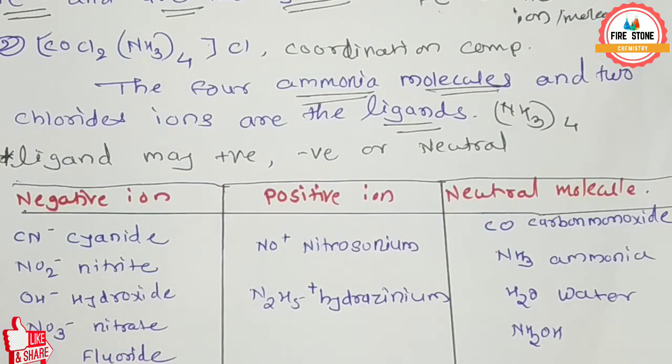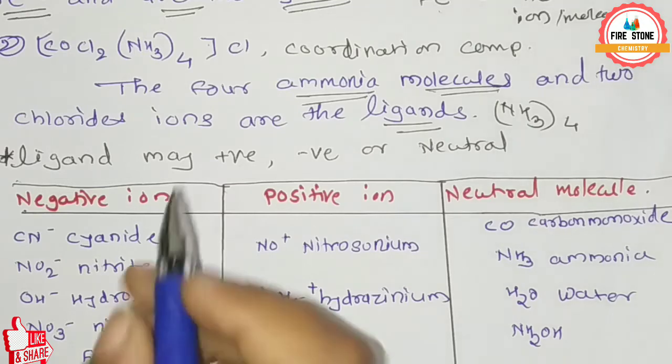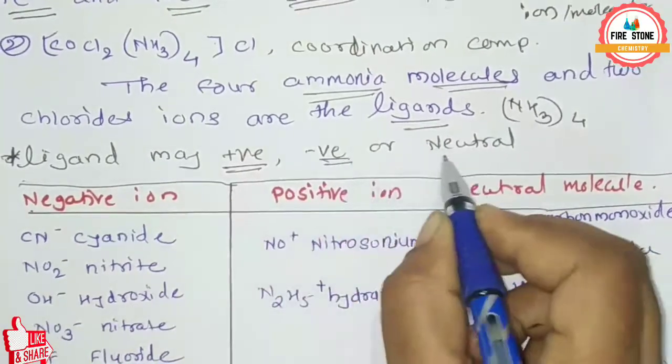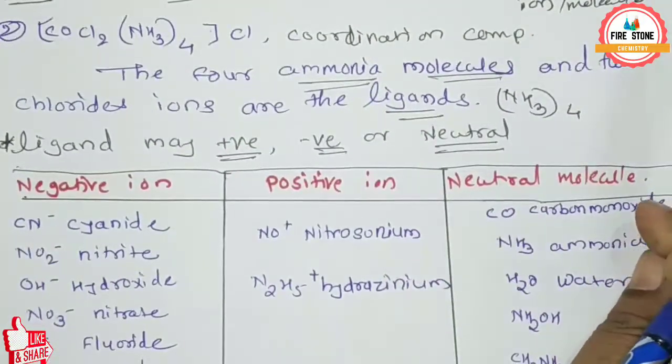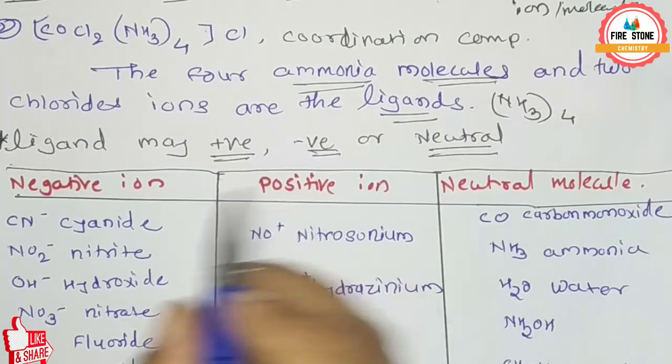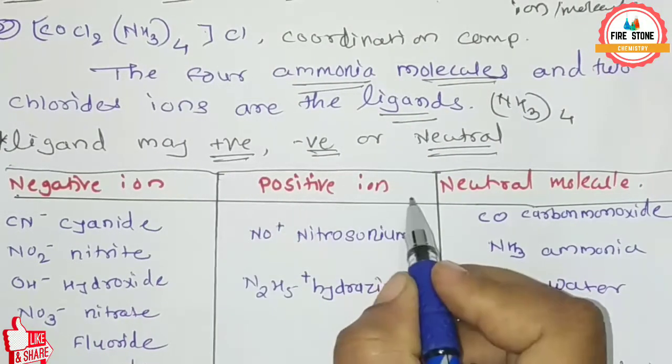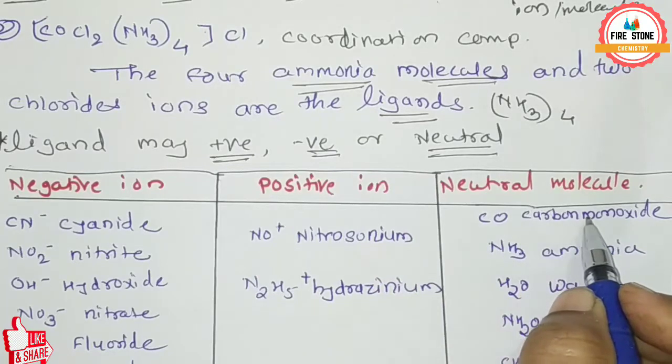Ligand is the molecule or ion which is coordinated to a metal atom, and it is also called a donor group. So ligands may be positive, negative or neutral. So ligands are of three types: one is negative, second is positive, and third is the neutral molecule.